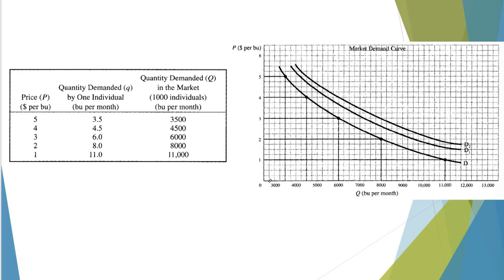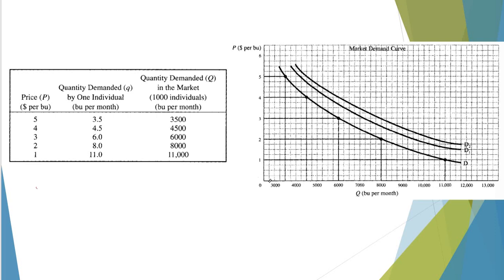Let's take a look at another example. Okay. This one also represents quantity demanded by one individual and also quantity demanded in the market by 100 individuals. Dia ada beza lah antara demand and also market. Okay. So let's tengok this graph.